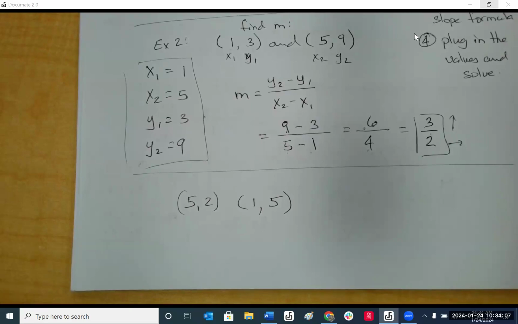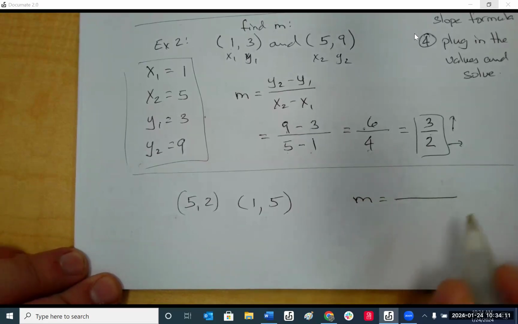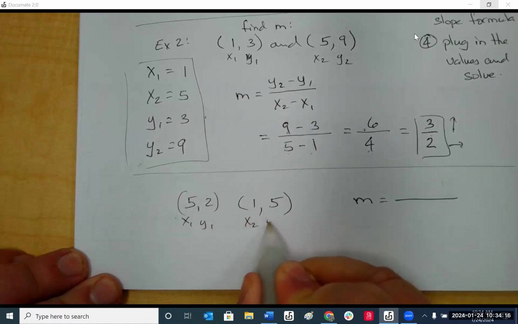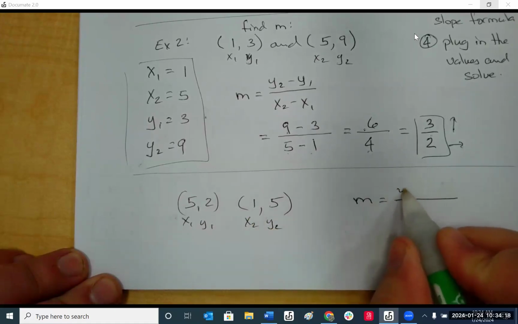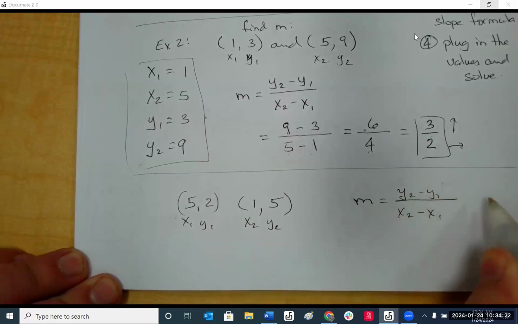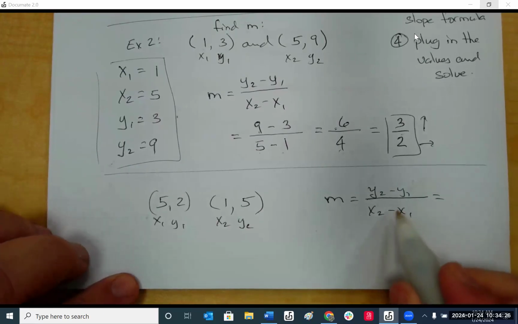Let's look at the slope of this one. So this is x1, y1, x2, y2. What's y2?